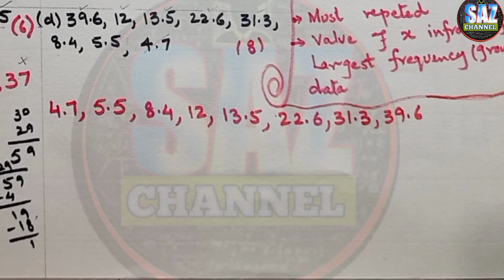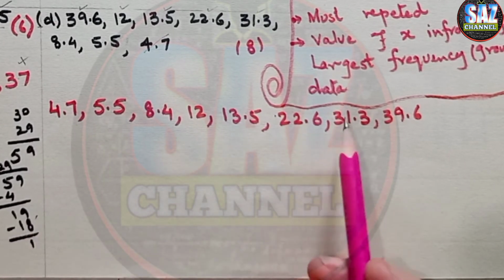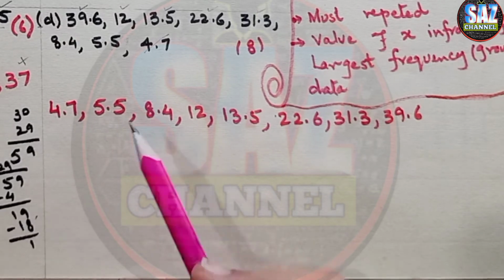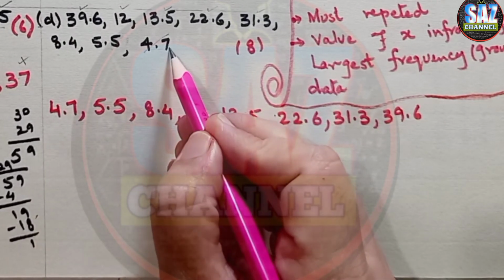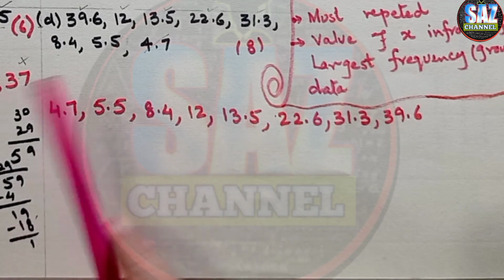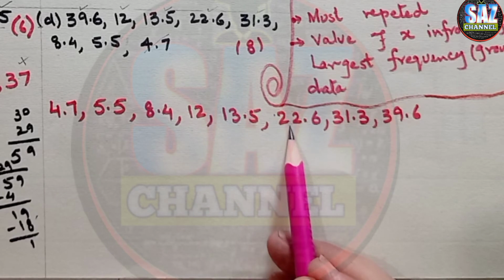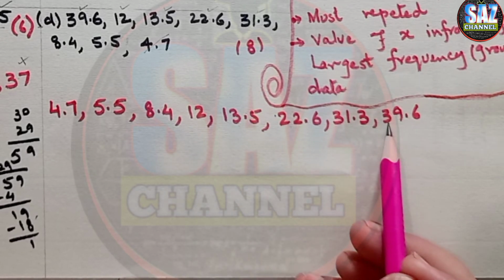Okay, let me count my observations. 1, 2, 3, 4, 5, 6, 7 and 8 observations, and let's reconfirm it as well. 4.7 is here, 5.5, 8.4, then comes 12, yes, then comes 13.5, then 22.6, and then 39.6.